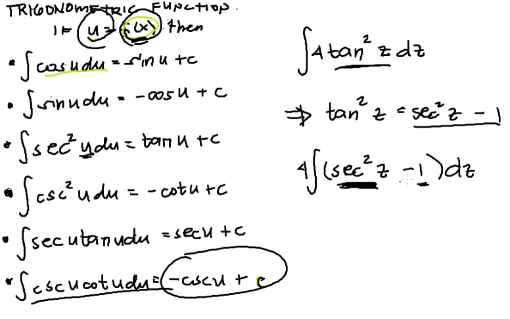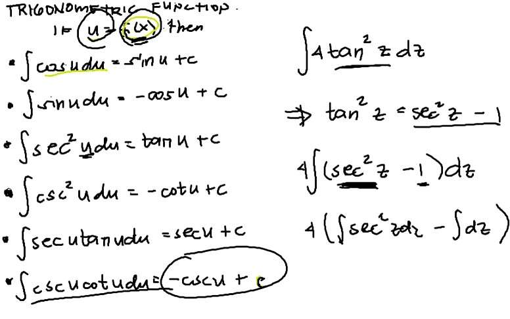And also we have a negative 1 here, which is a constant, and we can use the basic rule in integration of a constant. Okay, so finally we have 4 times the integral of secant square z dz minus the integral of dz.